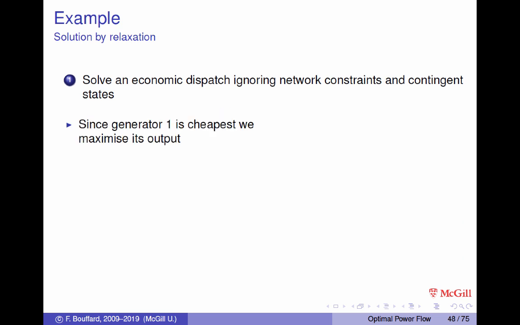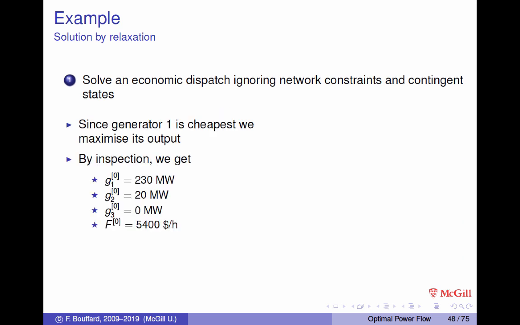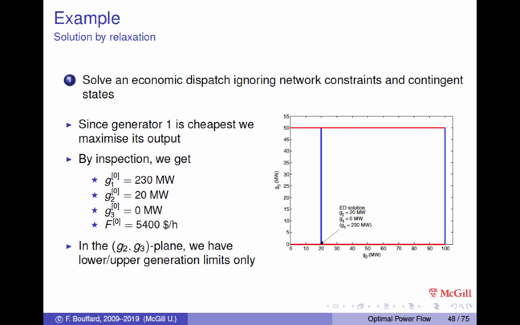So let's have a look at this graphically. So we maximize the use of generator 1, and basically here, if we plot in the G2, G3 plane, and this is something we're going to be looking at for the remainder of the lecture, the blue lines and the red lines here effectively are the box constraints for G2 and G3.